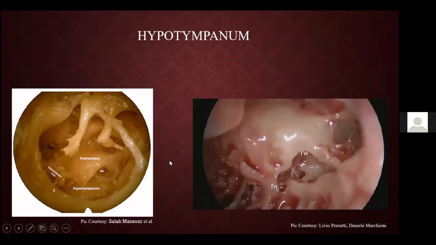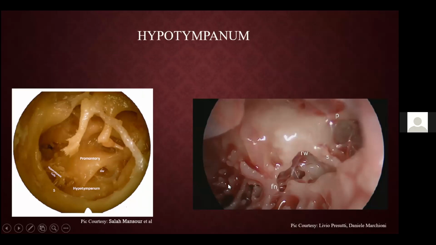Let's study the hypotympanum. The hypotympanum is a part of the middle ear compartment which is lying below the level of the annulus, and it is composed of various irregularly shaped bones, cells actually, and it is contributed by both the tympanic bone and the petrous bone in an inferomedial direction.